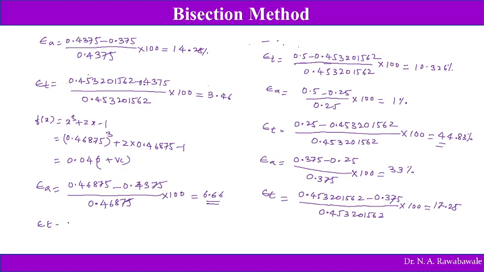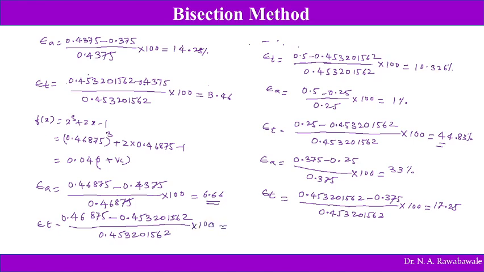Now the true error we can find out. True error is equal to the true value we know, that is 0.453201562. So 0.46875, whichever is higher we take first, minus 0.453201562, whole divided by the true value 0.453201562, into 100.